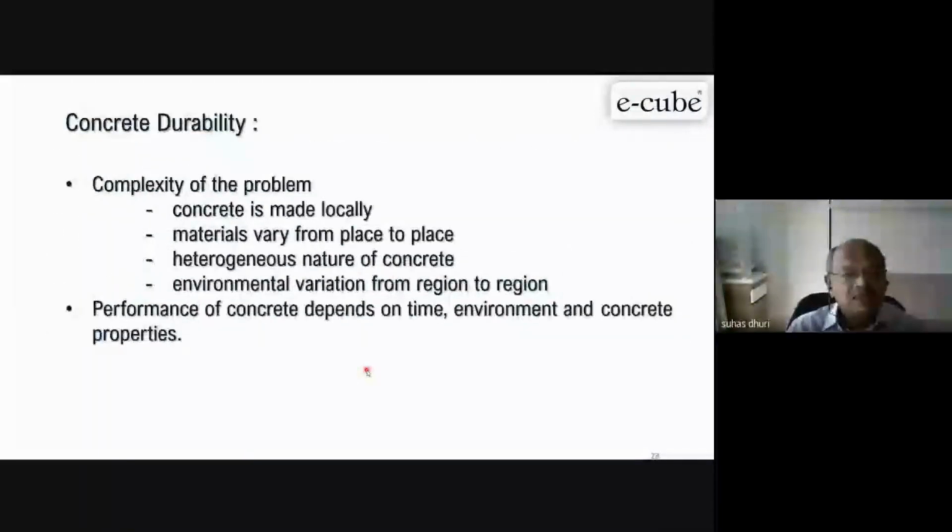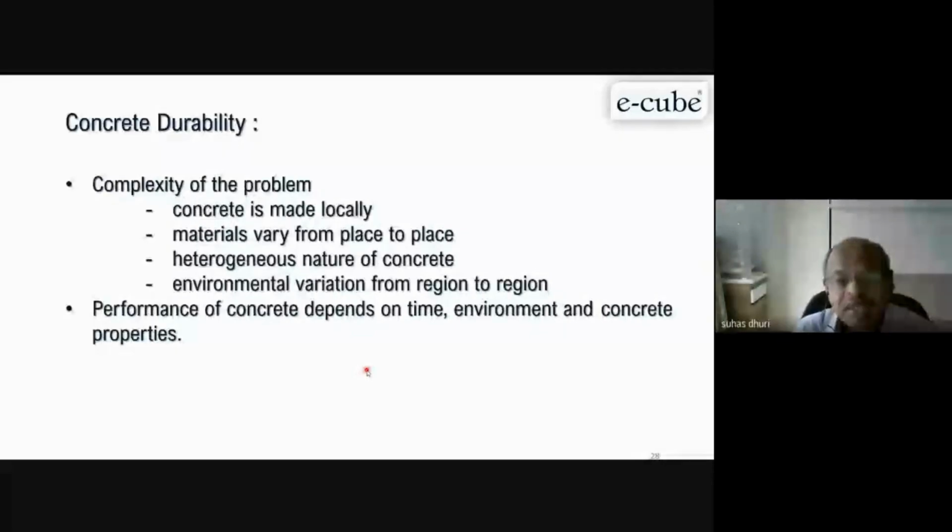The complexity of the problem is because concrete is made locally, materials vary from place to place, concrete is heterogeneous in nature, and the environment varies from region to region. A person who has experience in Mumbai and then works at Delhi or Indore will find the exposure conditions totally different.